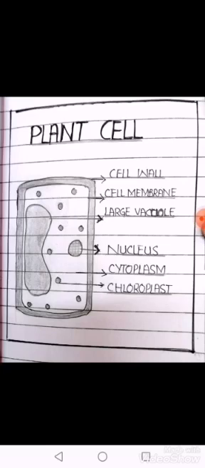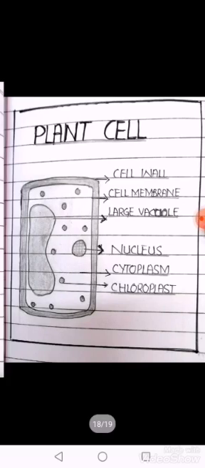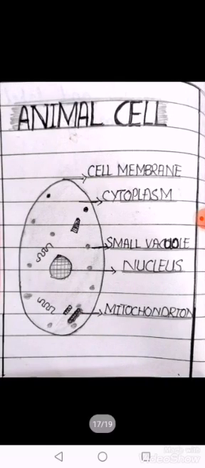First label is cell wall, second one is cell membrane, third one is large vacuole, fourth one is nucleus, fifth one is cytoplasm, and sixth one is chloroplast. Clear? All of these are the labels of the plant cell and animal cell.